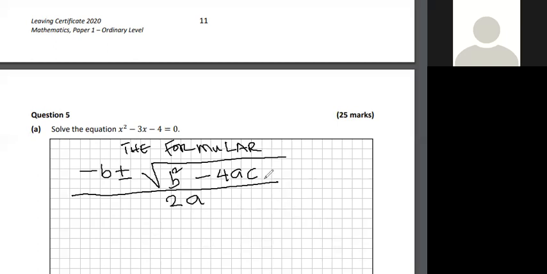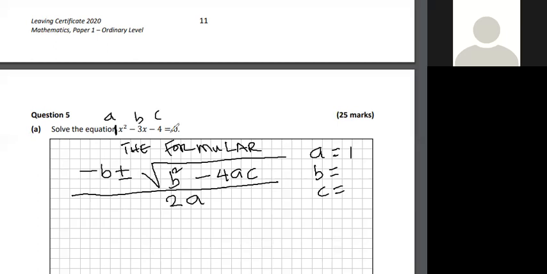So what you do is you now label your a, your b and your c. Your a is the coefficient of x squared, the number that you have there. What number do you have there? 1. So your a equals to 1. Now, many students will label it like this: a, b, c.